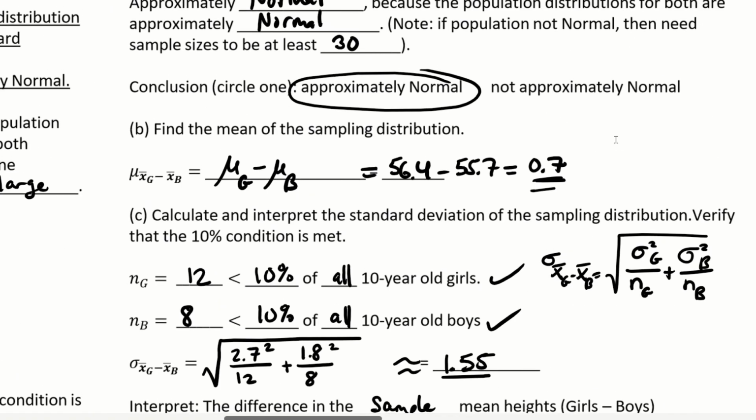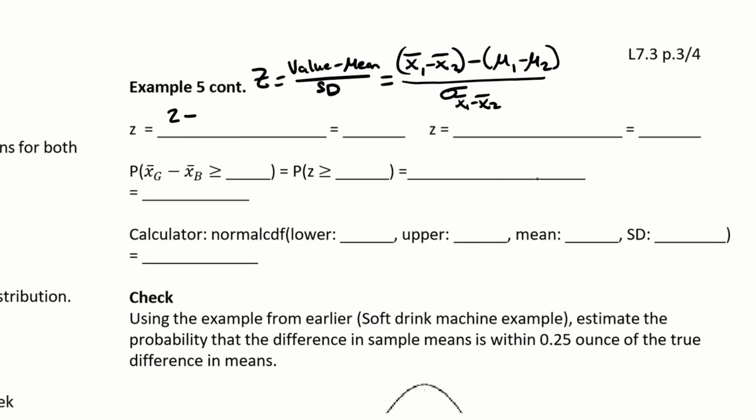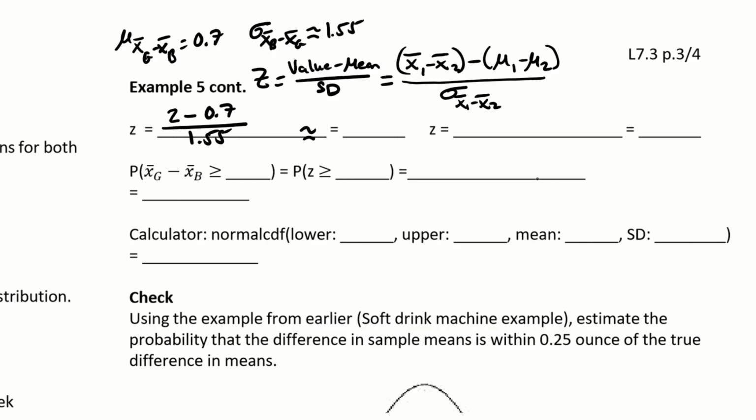So the mean for girl minus boy is 0.7, and the standard deviation is approximately 1.55. So let's subtract that. 2 minus 0.7 over 1.55 is approximately equal to 0.84.